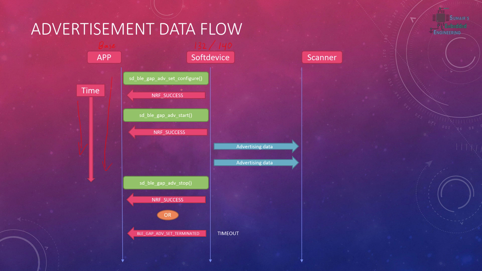First of all, our application will call this function, which is sd_ble_gap_adv_set_configure, and the soft device will execute it, and then the soft device will give it back.